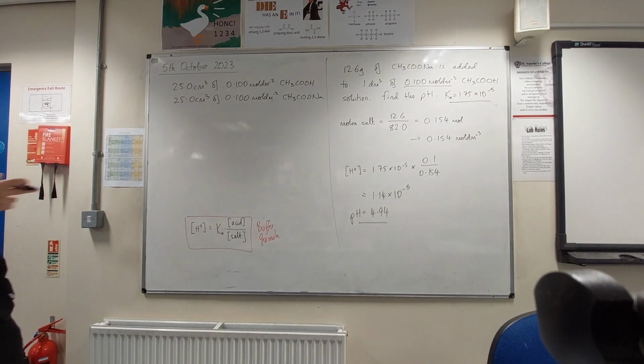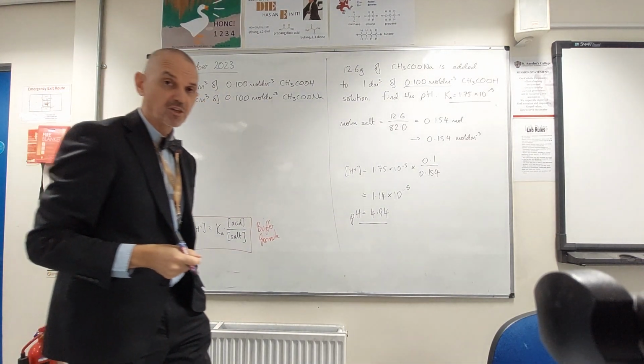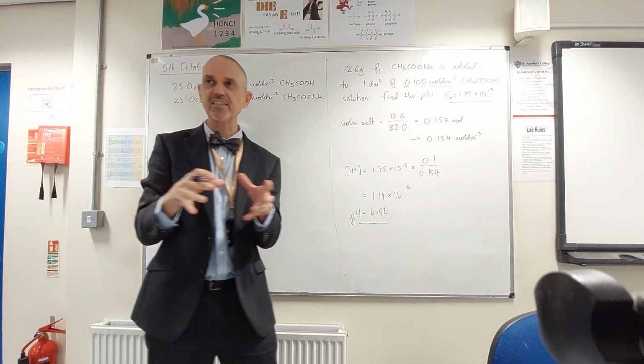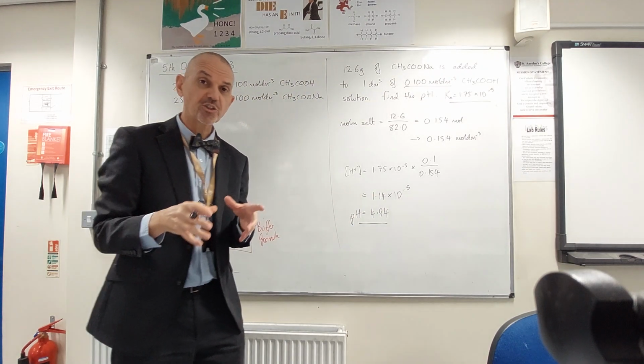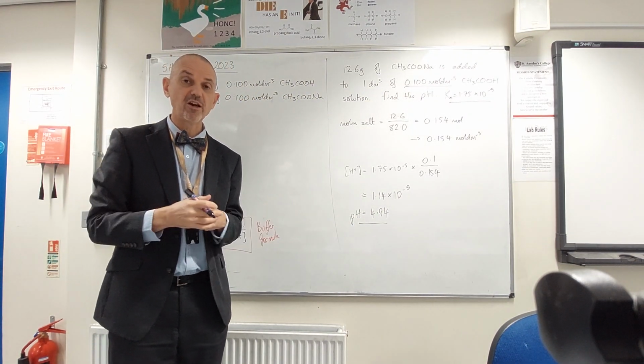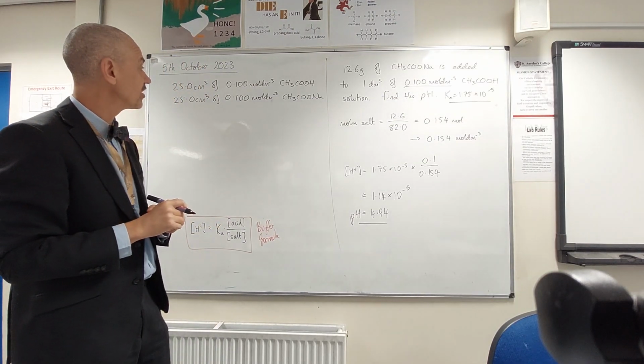Obviously they're the same volumes and the same concentrations. Now that means that when we've poured them in together, we'll have 50 centimeters cubed, and the concentration of each solution is going to be, well, it'll be 0.05, won't it?